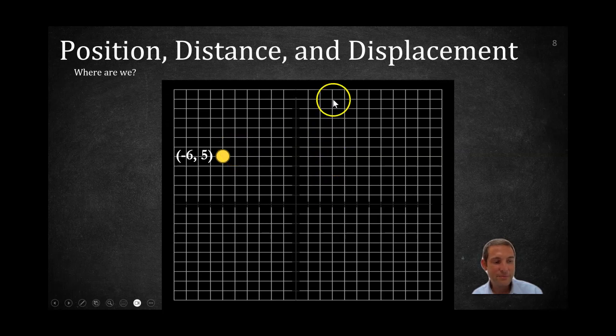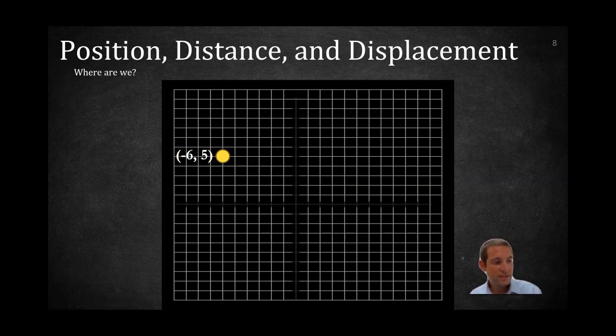Greenwich, England would be x equals 0, so right along this axis. And we are in the northern hemisphere, so our equator would be our horizontal line. So we're in the northern hemisphere and we're west of England.